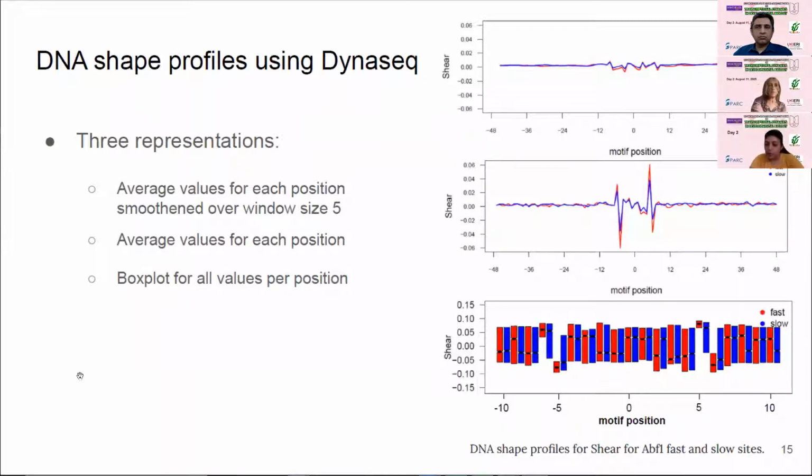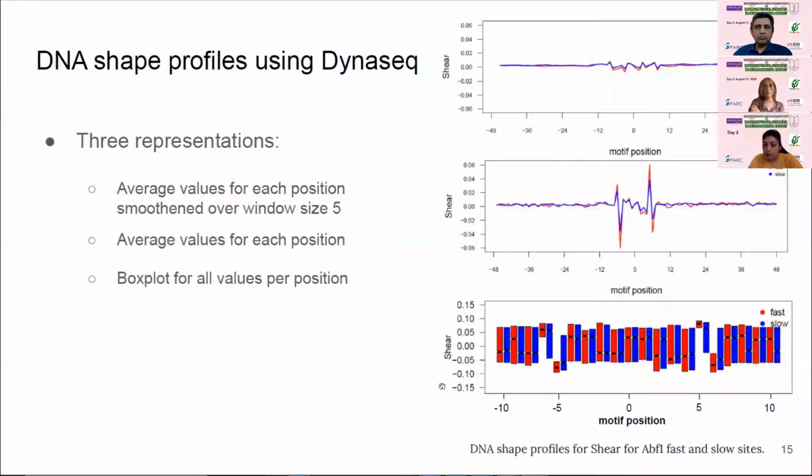As you can see, this is the magnified version. The third plot is for -10 to +10 position for the ABF1 transcription factor, whereas the other two plots are for the 100 base pair, that is -48 to +48.